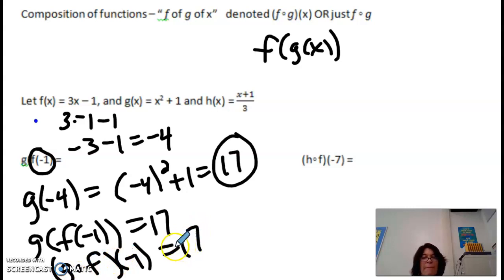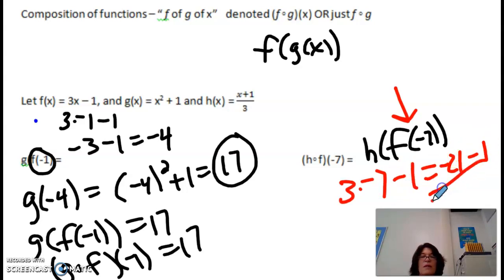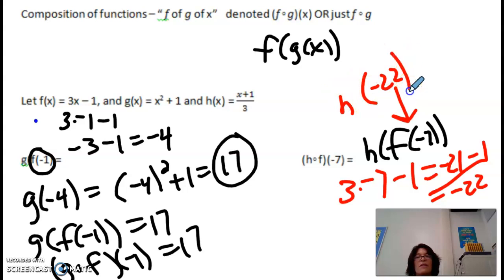Try h of f of negative 7. You want to do the f of negative 7 first. So I'm putting negative 7 in my f function. 3 times negative 7 minus 1 is negative 21 minus 1. You get negative 22. So really what I'm asking for is h of negative 22.